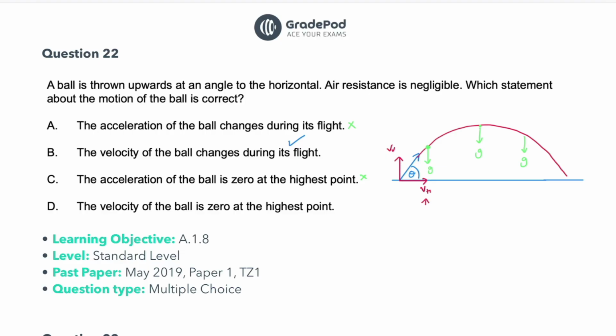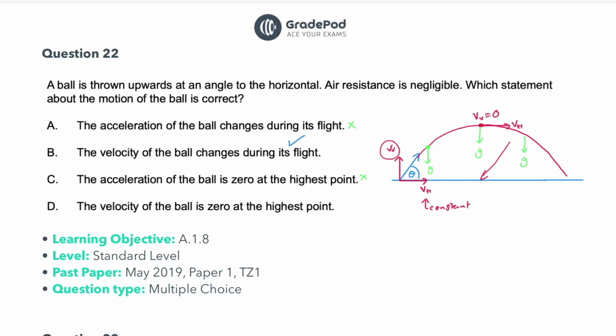VH is constant, it doesn't change. So at the maximum point here, there still has velocity VH, which is the same as the velocity VH down there. VV does change. The vertical velocity does change. It starts off at a maximum here at the start, and at this point at the maximum height, VV is equal to 0.